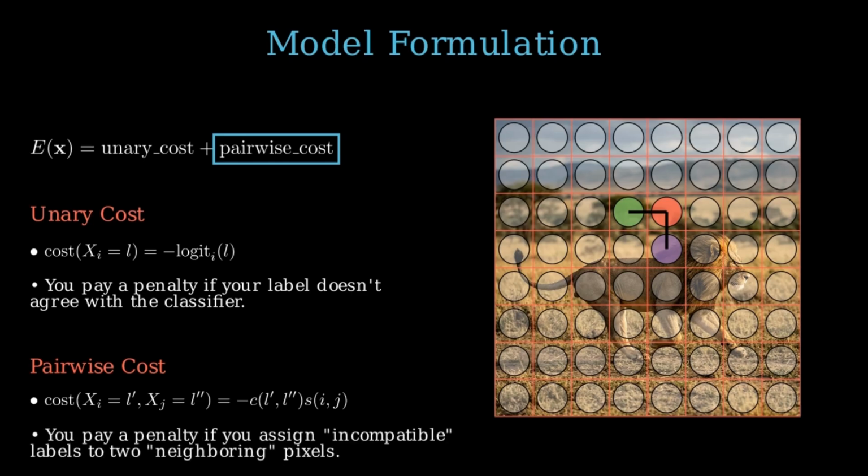The core idea here is that you pay a penalty if you assign incompatible labels to two neighboring pixels. For instance, putting a water token right next to a fire token might be highly improbable, thus incurring a huge pairwise penalty. This cost is crucial, because it ensures spatial coherence, smoothness, and logical structure across the entire generated image.